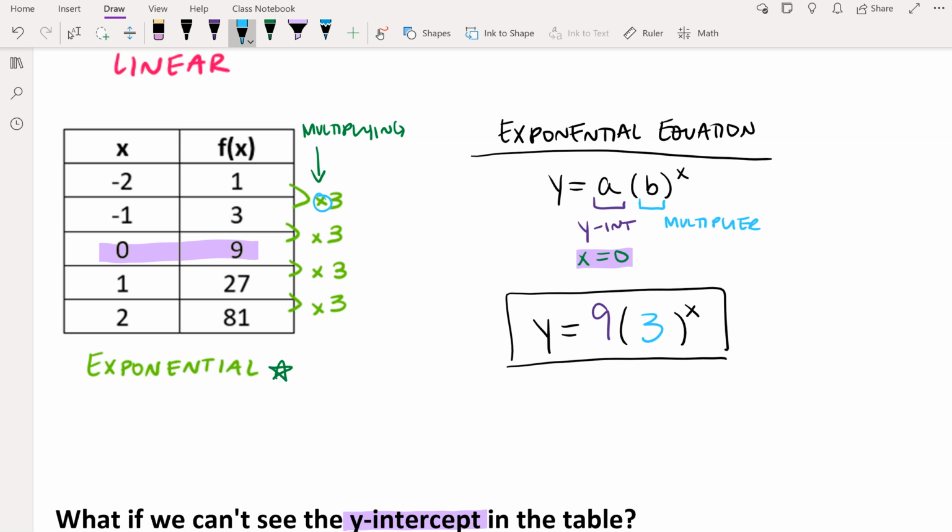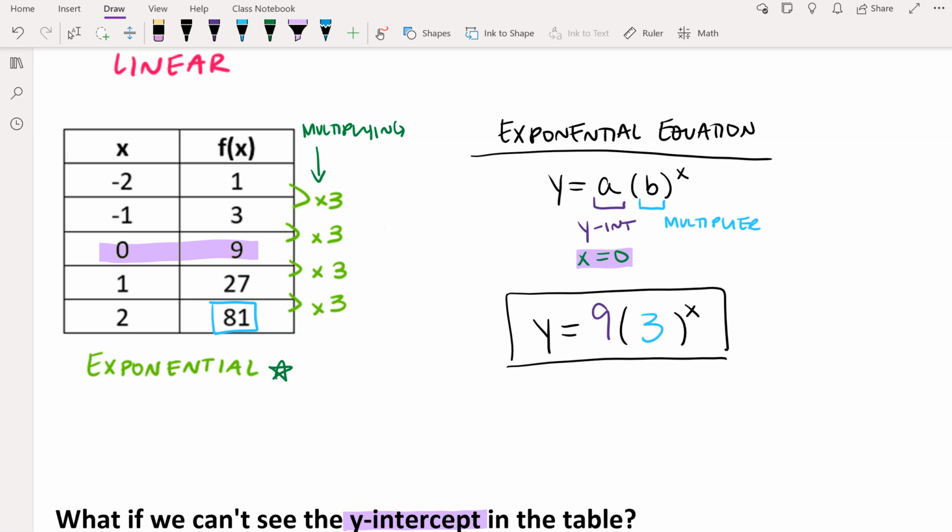Multiplication gets us to go down our table. It gets us to the higher x values. What if we wanted to go up in our table? So let's say we started with 81 and we wanted to get to this y value. What we're going to do is the opposite of multiplication because we're going the opposite of down. So we're going to divide.